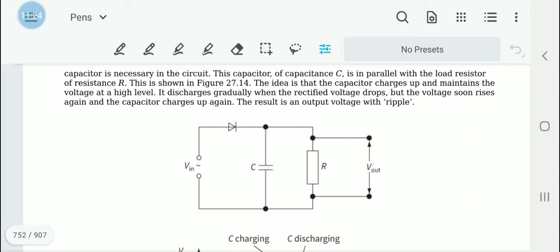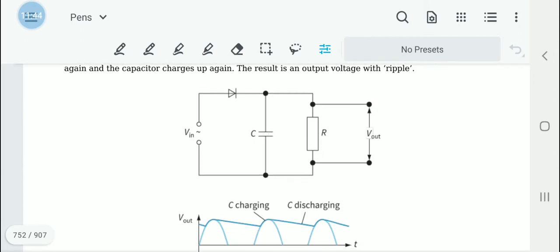When the rectified voltage is dropping, it will discharge slowly. But because the voltage is going to rise again, the capacitor will charge up again. So this is going to have a ripple effect.